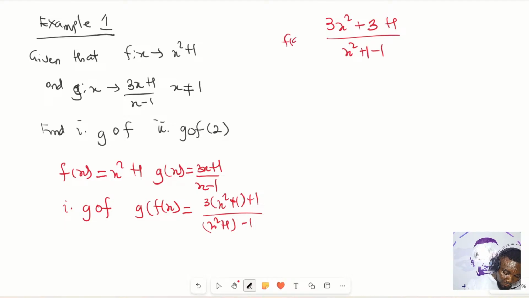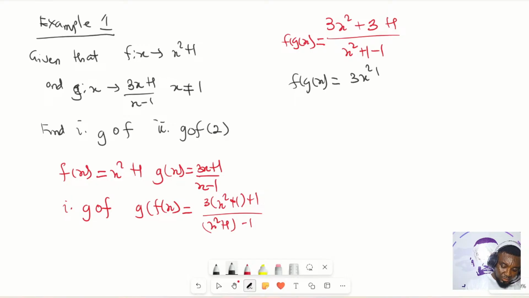So our composition becomes 3x squared plus 3 plus 1, which gives us 4, all over x squared. That is our i part of the question.